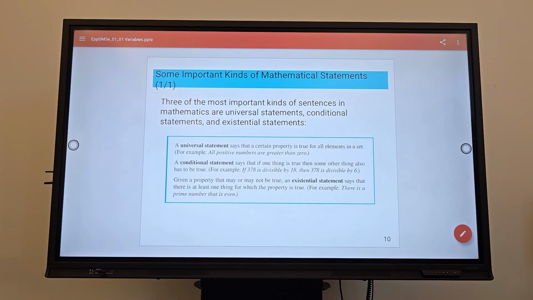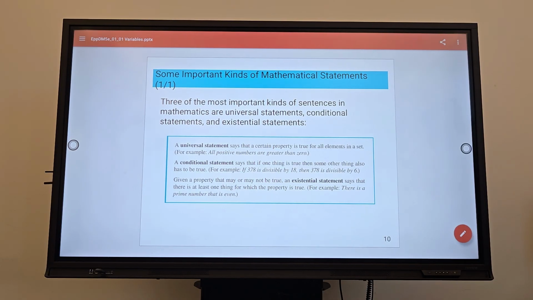A conditional statement says that if one thing is true, then some other thing also has to be true, like if 36 is divisible by 18, then 36 is divisible by 6. They use a bigger number, but the same principle applies.